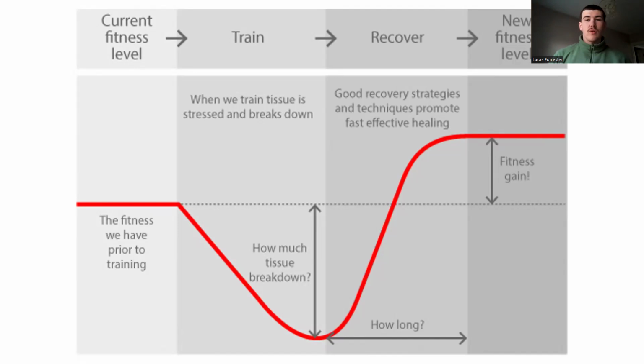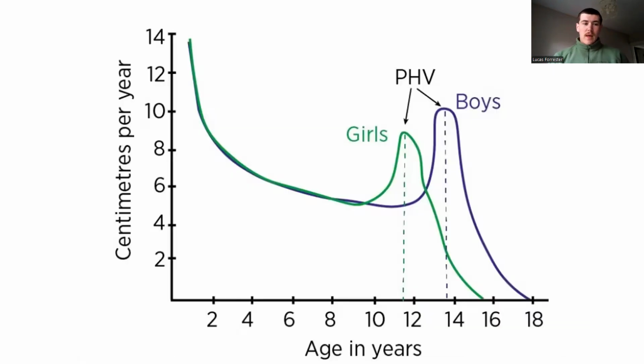Obviously, this isn't going to just happen over 24 to 36 hours. This is going to happen over the course of weeks and months. What we want to really work on is recovery, getting that new fitness level. Then that new fitness level starts there, and we keep going up and up and up, like so. So that's what general adaptation syndrome theory is.